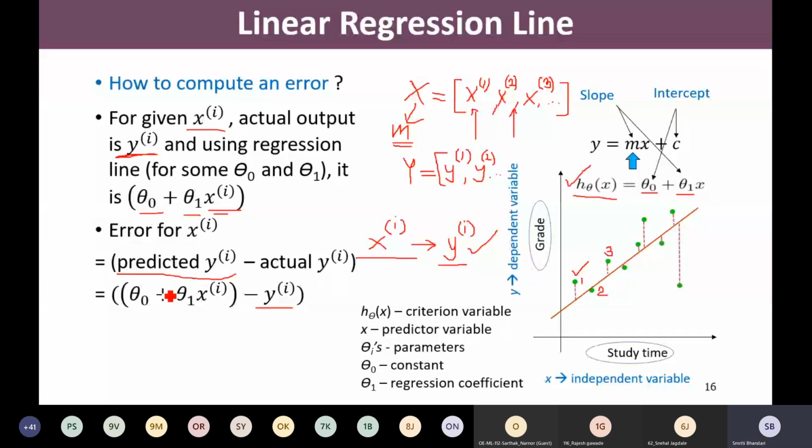Correct? So this theta 0 plus theta 1 xi is my hypothesis computed for ith sample xi. So my error for xi is nothing but h theta xi minus yi. Right? h theta xi minus yi.